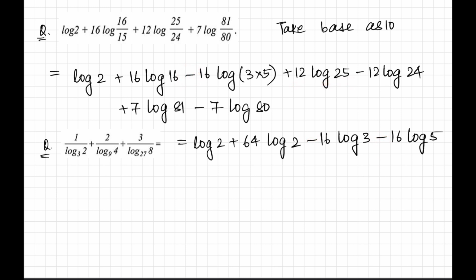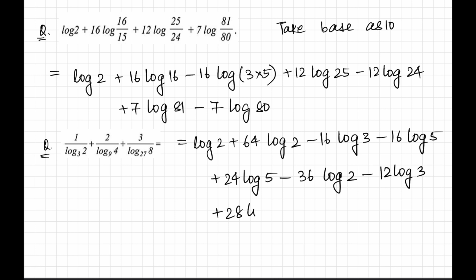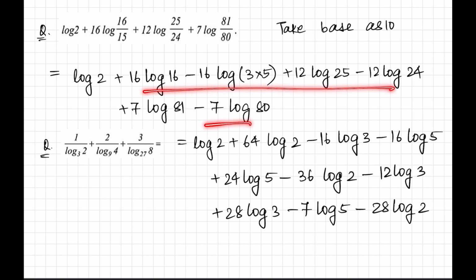And then further we have plus 24 log 5 minus 36 log 2 minus 12 log 3 plus 28 log 3 minus 7 log 5 minus 28 log 2. So this is all that we have after expansion.